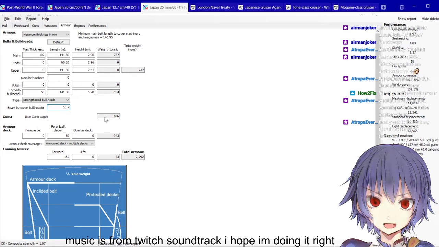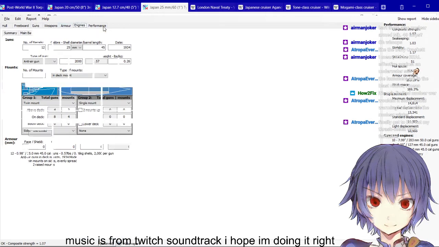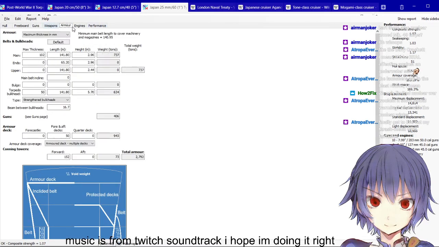And we have actually quite a bit of comp left, so there's a couple options we have on the table that I am considering. One of them being armor, which we actually do need to increase the size, or the thickness of, or the height of. So we're going to make it 4 meters tall, which helps a lot. We're also going to see if we can increase the thickness, which we can't do that much.